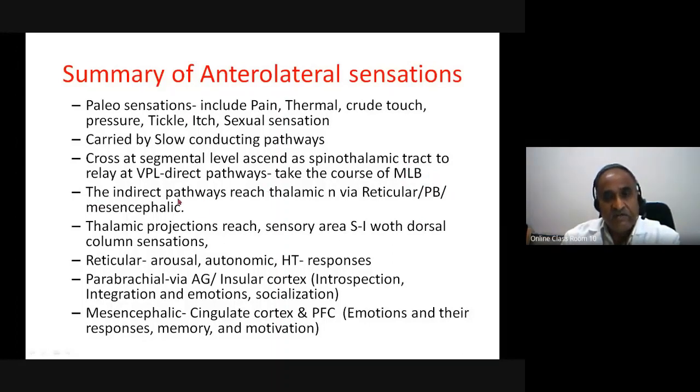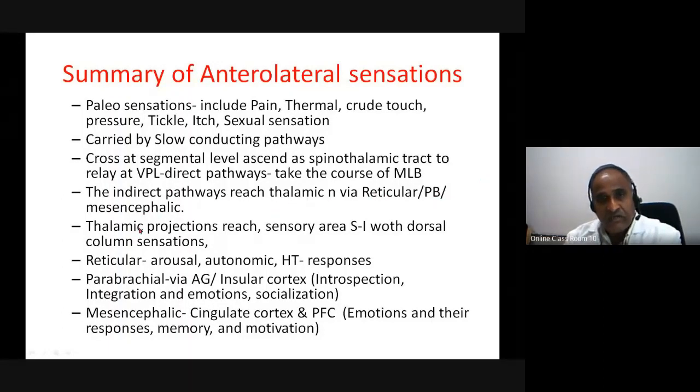The anterolateral sensations also have indirect pathways. They reach the thalamic nuclei via the reticular formation or reticular system, via the parabrachial nucleus situated in the pontine area, and then via the mesencephalic nucleus situated in the midbrain. So that means reticular, parabrachial, and mesencephalic, they are relayed there.